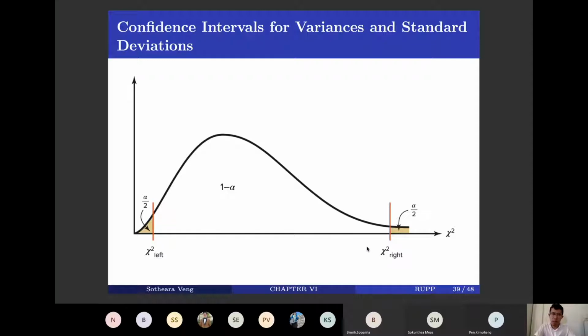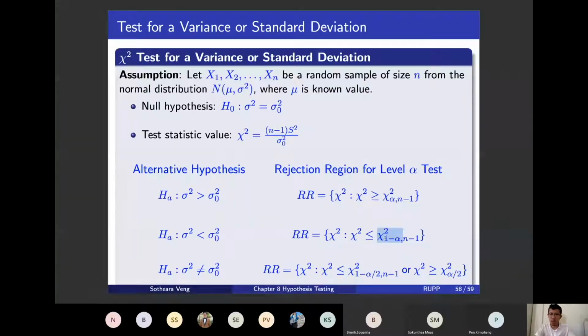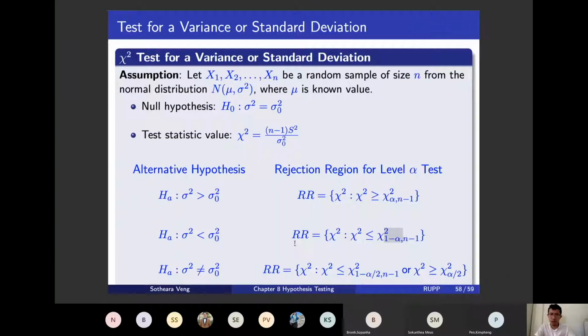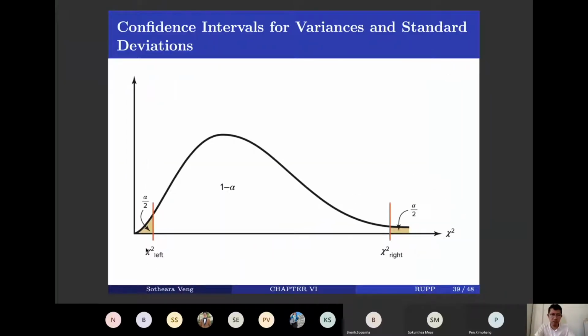To come up with this value, you take 1 minus alpha. Why? Because if the area here is 1 minus alpha, the area here is only alpha. So this is the left chi-square value.